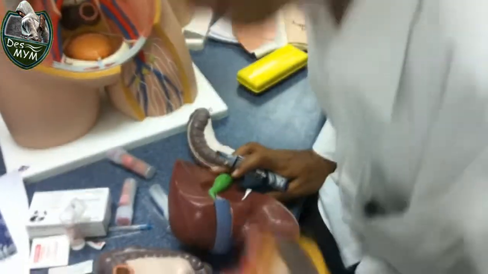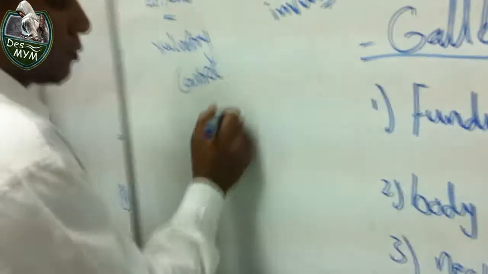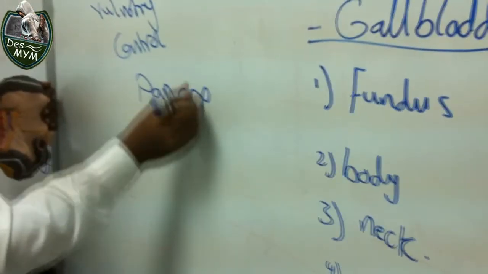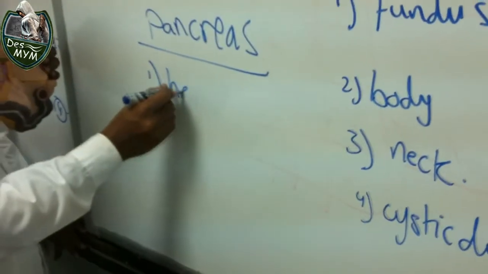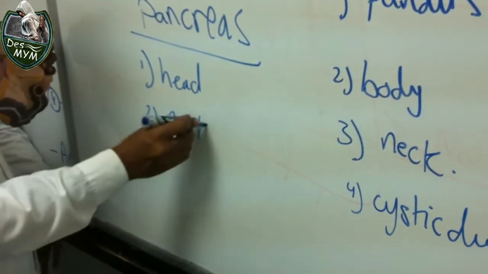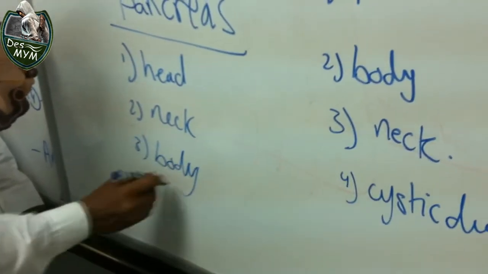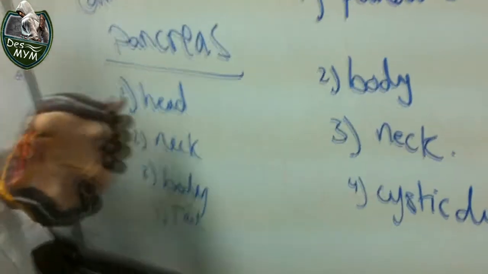The pancreas consists of head, neck, body, and tail. These are the parts of the pancreas.